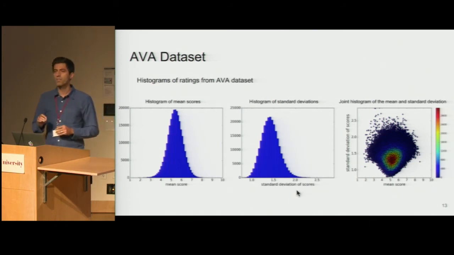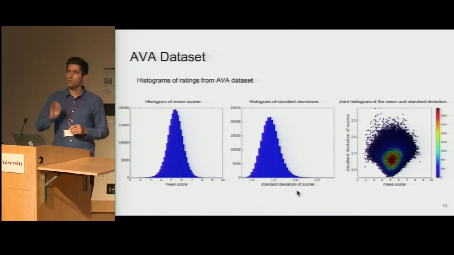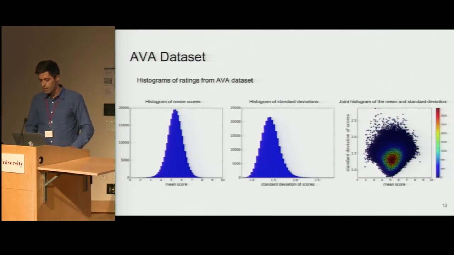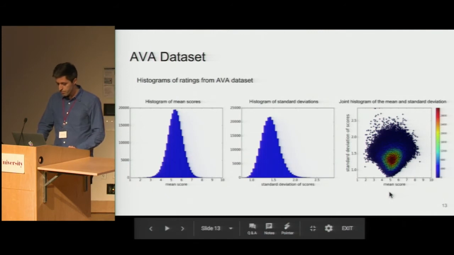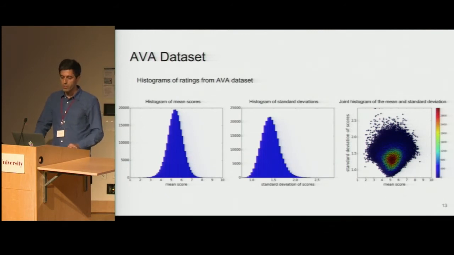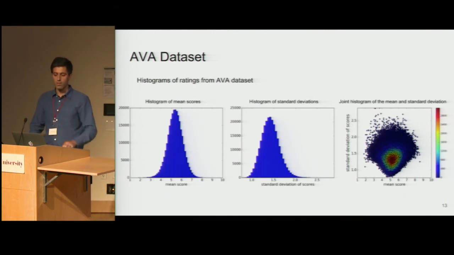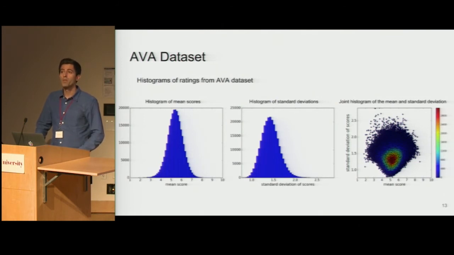The mean of standard deviation is 1.4, again for a scale of 1 to 10. And the last one is the joint histogram. So as you see, if we were to train a model on the mean scores, it would be quite challenging given that most of the data basically lives close to a 5.5 score.